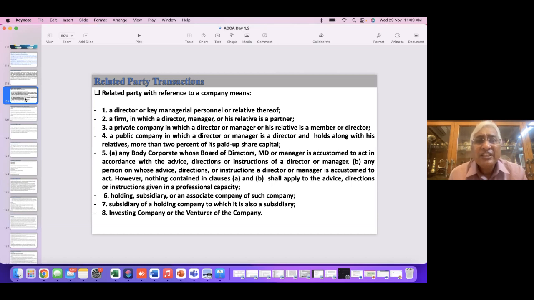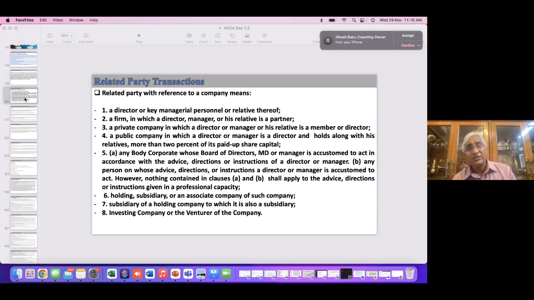So a director or a key managerial personnel or relative thereof. So if he is in a certain company, and I have a relationship with that KMP, then probably that KMP can influence the decision. So like that, if you go on analyzing these 8 points, you will find that there is always a scope for influencing the decision. And that is why these parties or these persons are called related parties.